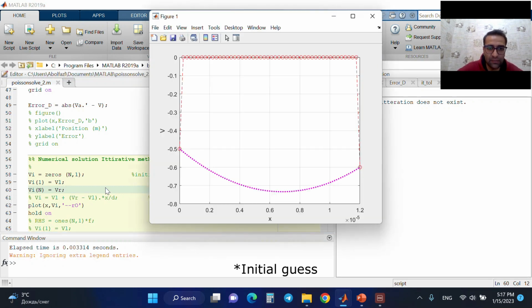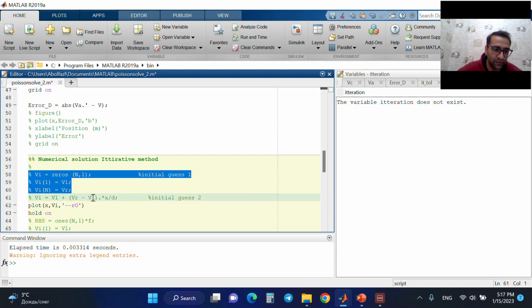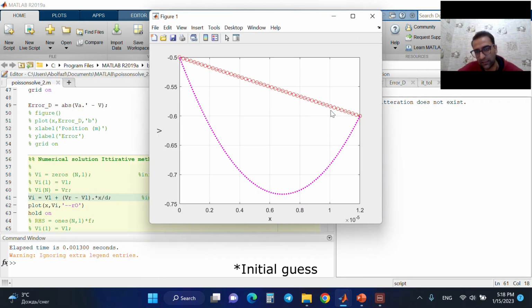One is this, which is 0. This is our first initial solution. This is the exact solution. And we have another initial solution that is linearly changed between left and right boundary condition, F5. This is the second initial solution.